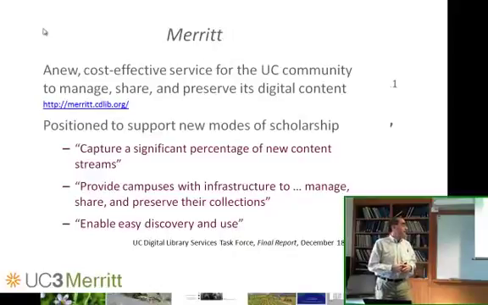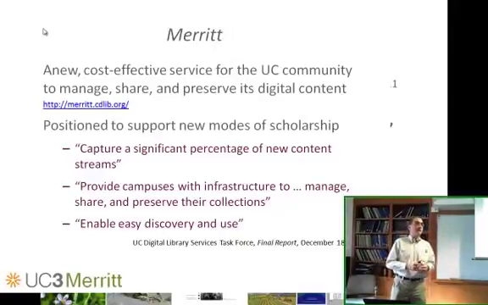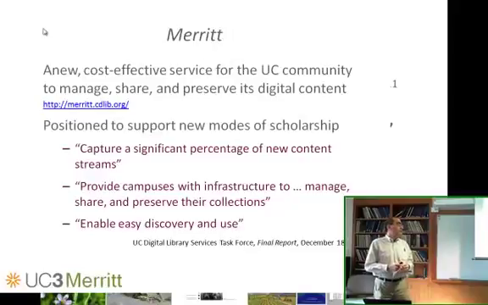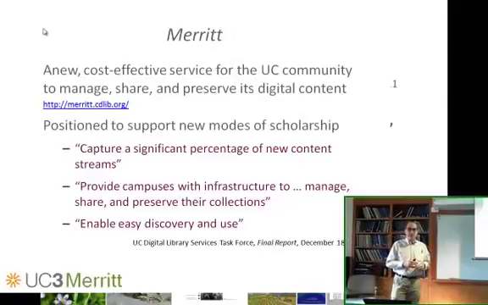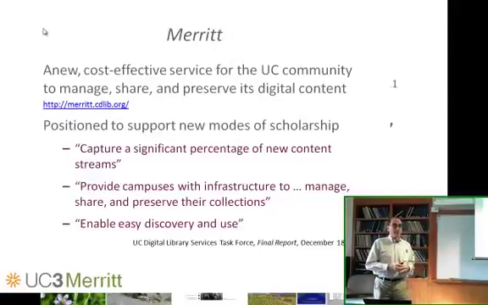And in this, we recognize that digital information technology is really transforming what scholarship means, and there are a lot of new modes of teaching, of research, and certainly new modes of publication. And we've tried very hard to make sure that Merit is well positioned to support these various new modes. Now, within the UC library system, about a year ago, we underwent a fairly large task of thinking about this and coming up with a strategic report.